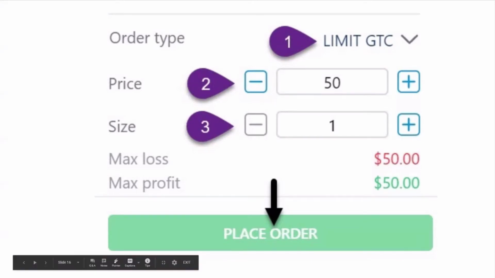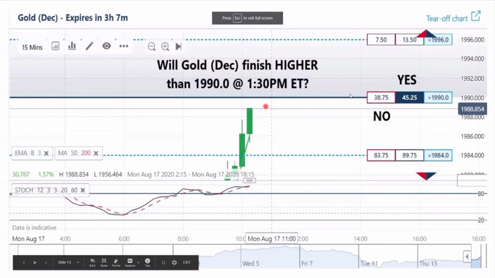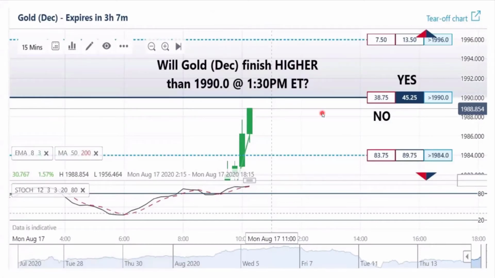Let me go back to that previous slide. So I'm either right and above this line and I collect $100, or I'm wrong and I'm below this line and I collect $0.